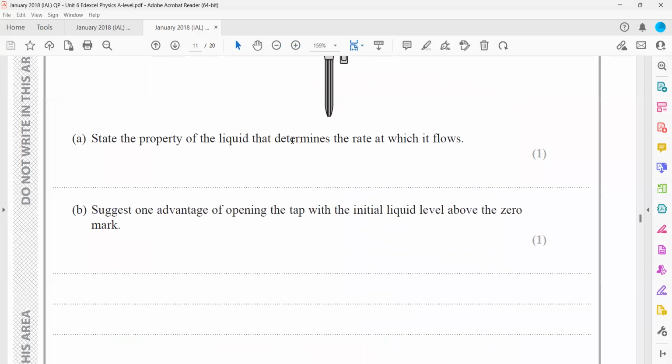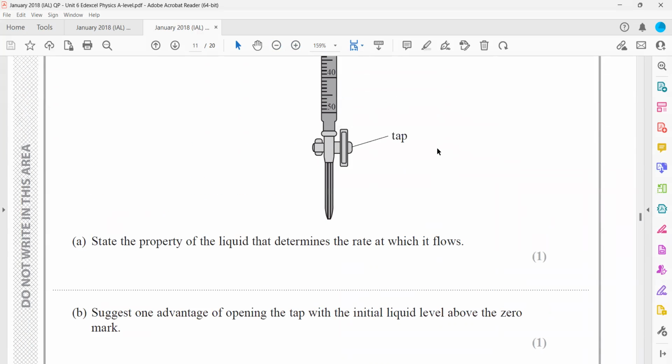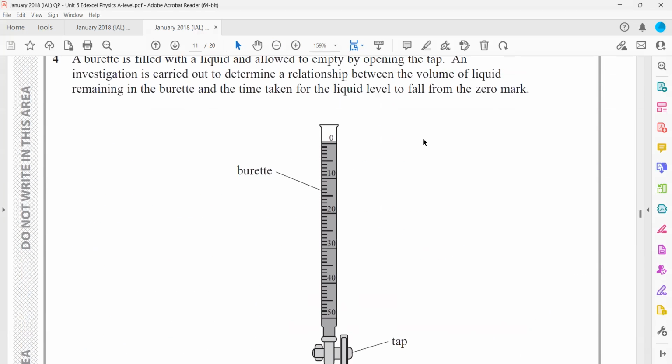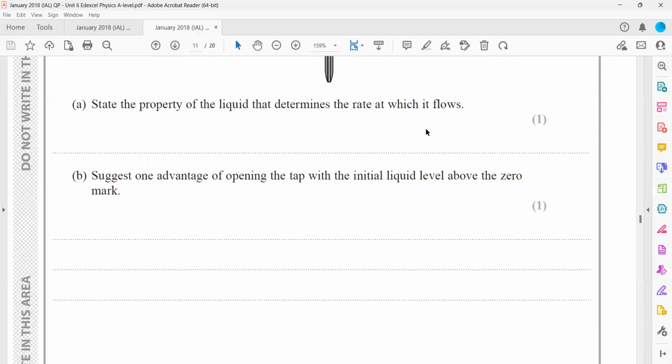Suggest one advantage of opening the tap with the initial liquid level above 0. So what might happen if the initial liquid level is above 0 and we open the tap? The advantage is that we have time to react. We don't have to start the timer the moment we open the tap. The moment we see that it is about to reach 0, that's when we start the timer.